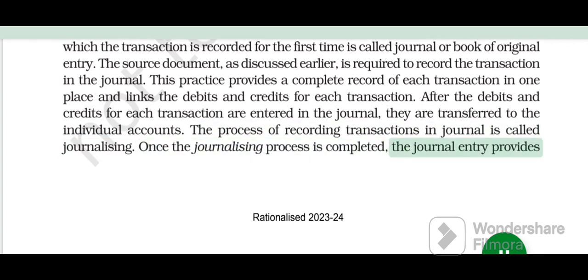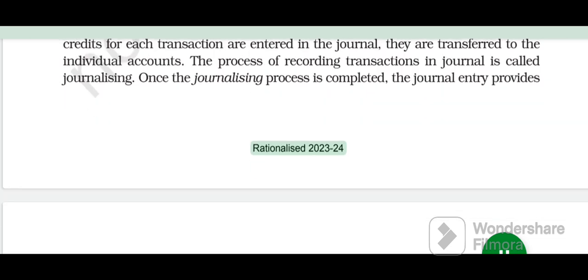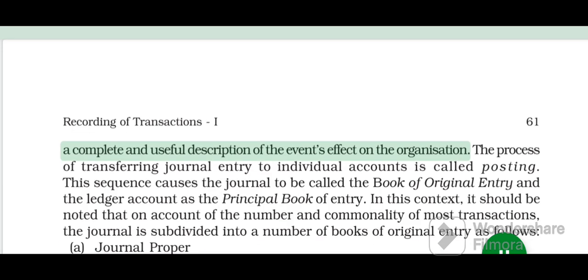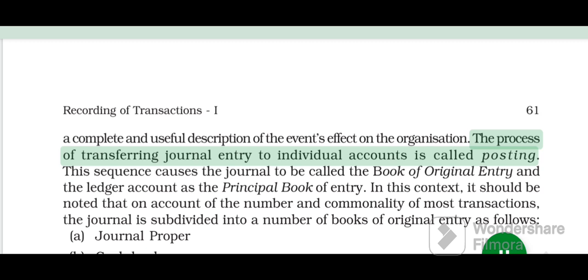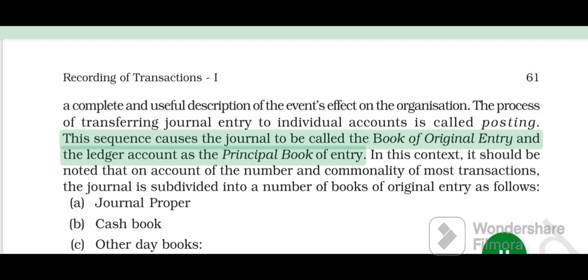Once the journalizing process is completed, the journal entry provides a complete and useful description of the event's effect on the organization. The process of transferring journal entry to individual accounts is called posting. This sequence causes the journal to be called the Book of Original Entry and the ledger account the principal book of entry.